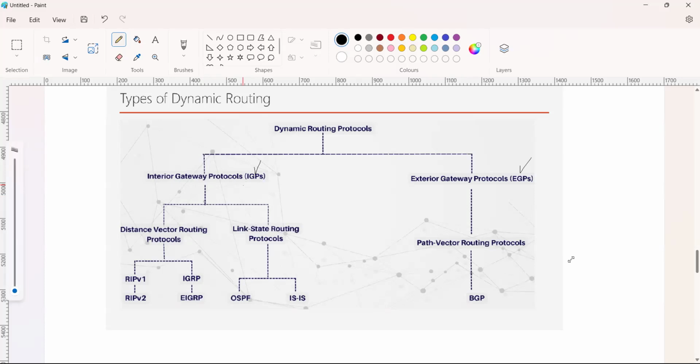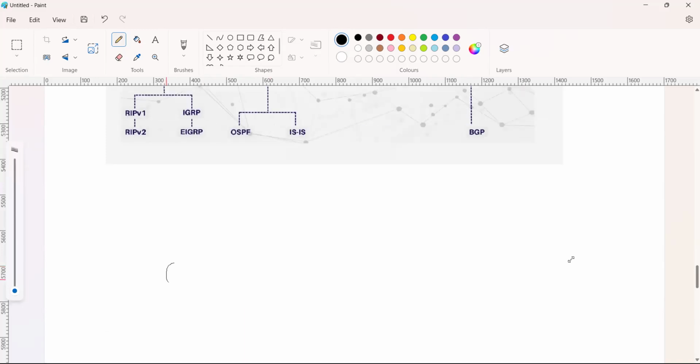IGP, interior gateway protocol, we use mainly within an organization, meaning at a LAN location. This is one LAN and this is another LAN, and this one is a WAN.